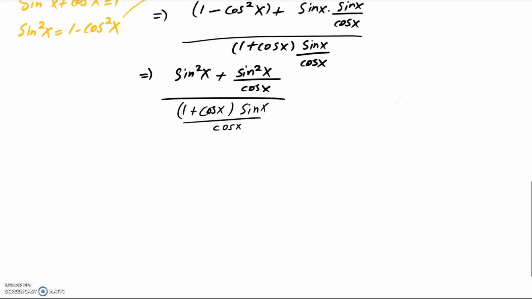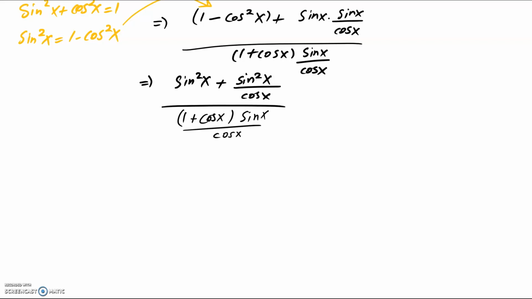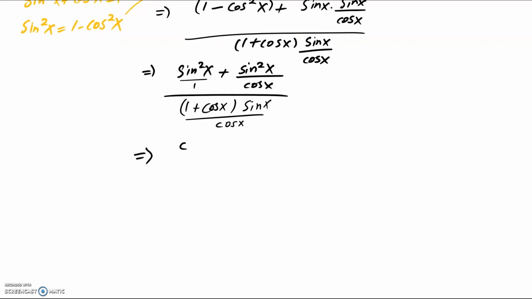All right, now what do we do next? Look at the numerator. In the numerator, we are having two different fractions, right? Like this. Now we are going to combine them over the same denominator, and to make them the same denominator, we're going to multiply this term with cos x, and here you're going to have sine squared x over cos x as it is.